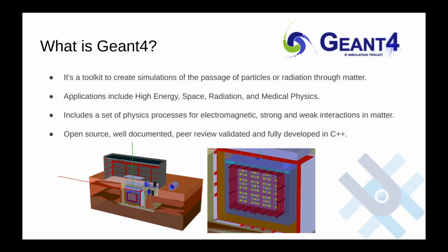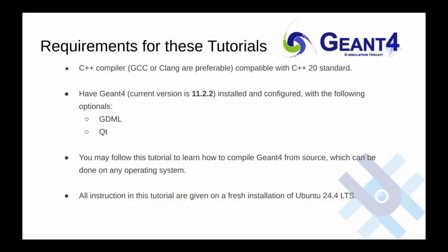The libraries are written in C++ and they are meant to be used in C++. Here you have two pictures. These are two simulations that I developed myself. It's the whole building and the detector for the Short-Baseline Near Detector, the SBND detector, which is a neutrino detector at Fermilab.